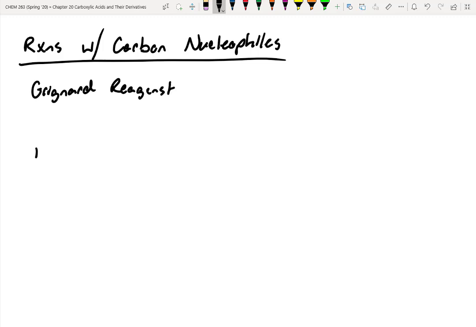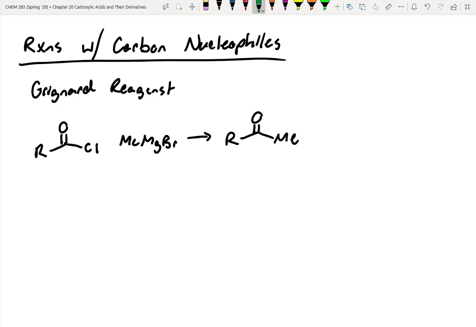And so as you can imagine, if we have a Grignard reagent with an acid halide, I'll just use methyl magnesium bromide, whoops. It could attack in once, and it would give us something resembling a ketone, right?